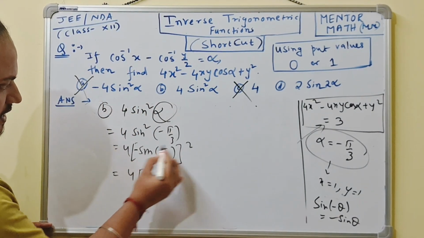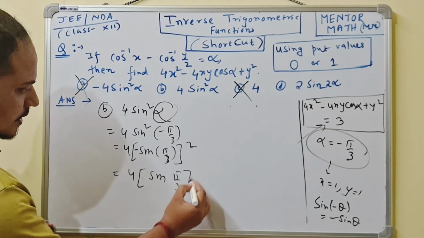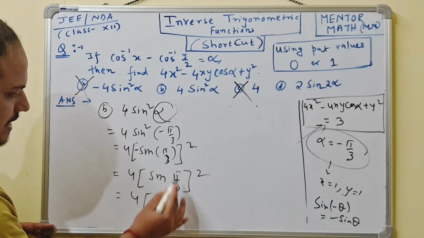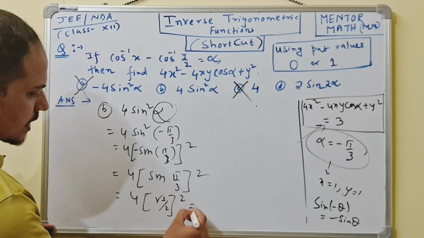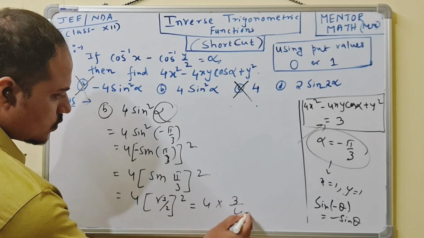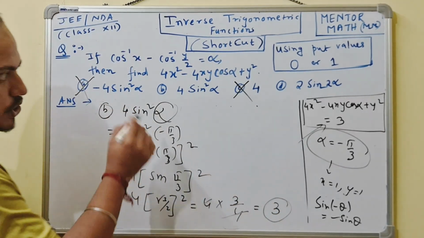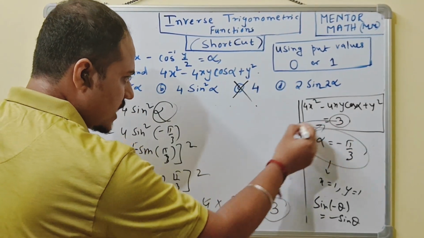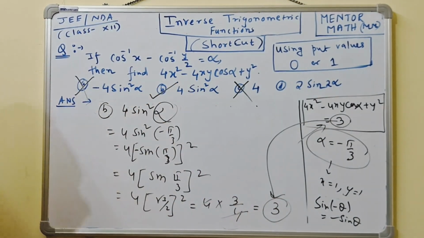Next comes sin² π/3, or (sin π/3) whole squared. You know that sin 60 value is √3/2, then whole squared. Then 4 into 3 over 4, the 4 cancels. So you got the value 3, and clearly you see that the expression gives 3 as well as this option gives 3. That means obviously this option is the correct option.